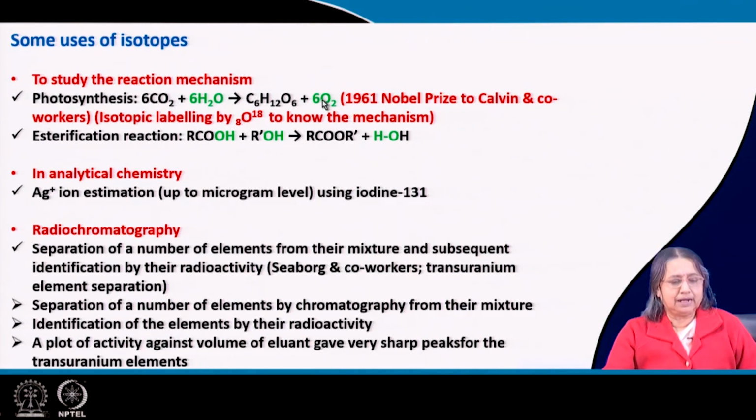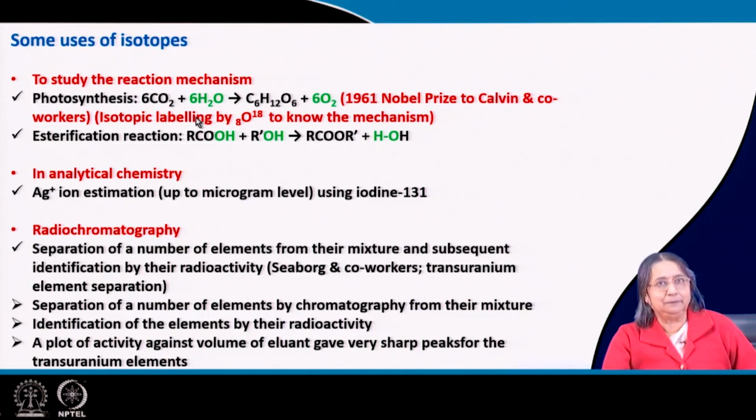And if you see that there is no O18, even though you used water labeled with O18, then you will understand that this oxygen is coming from here. So, this experiment is called isotopic labeling.